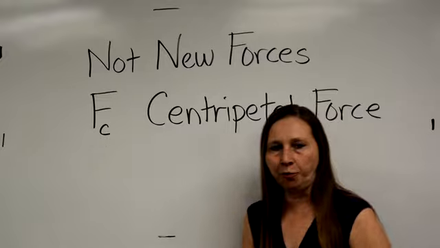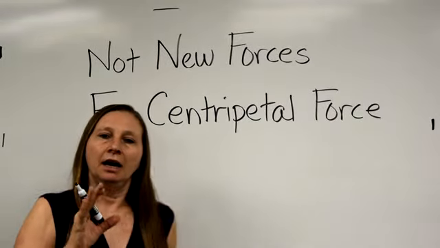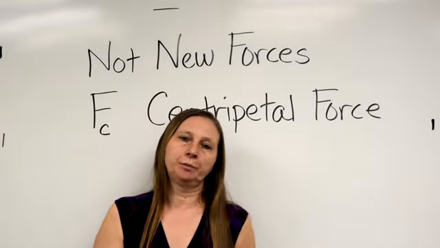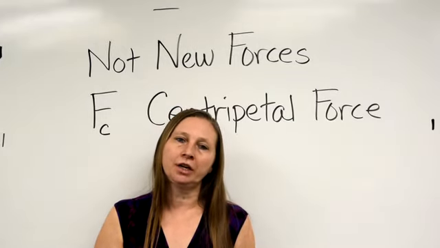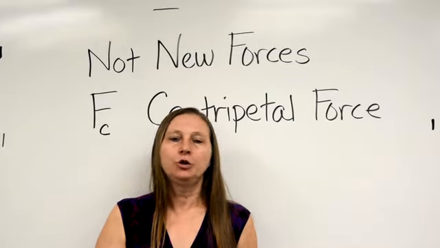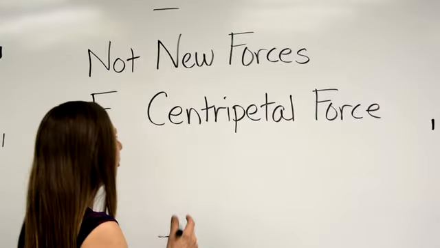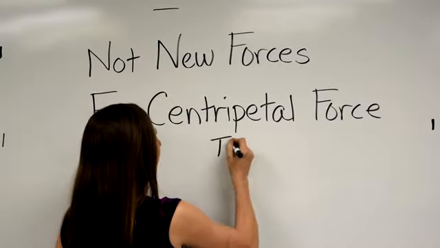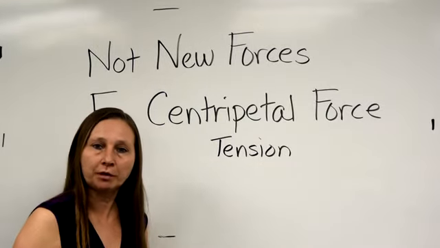And the centripetal force is another force that is acting centripetally. It is causing an object to move in a circle. So you could have, for example, tension acting as a centripetal force.